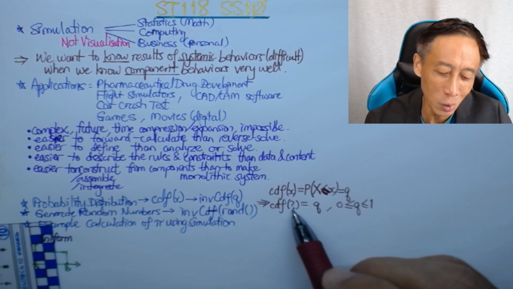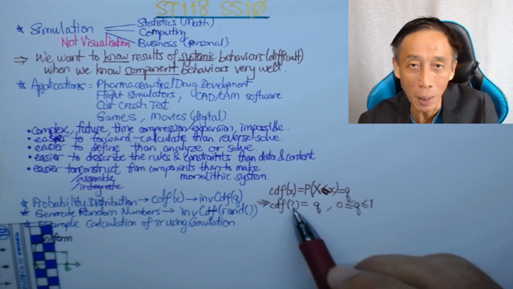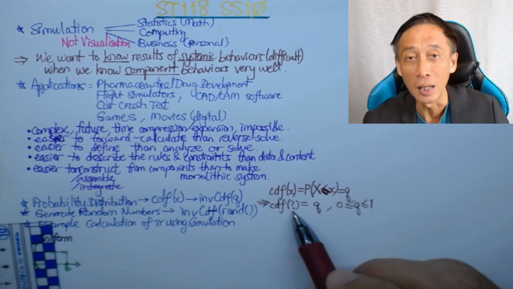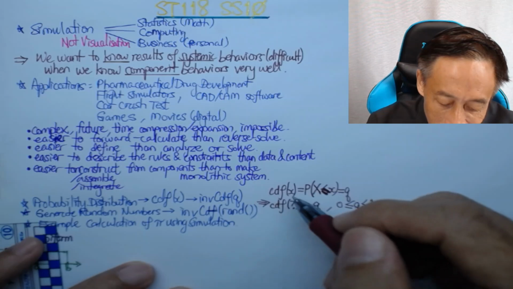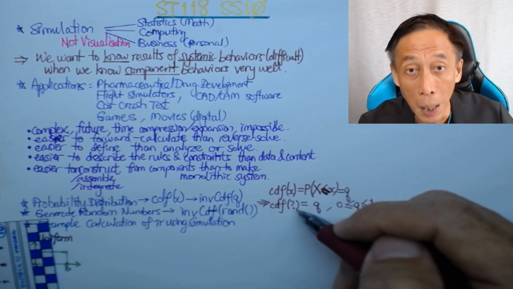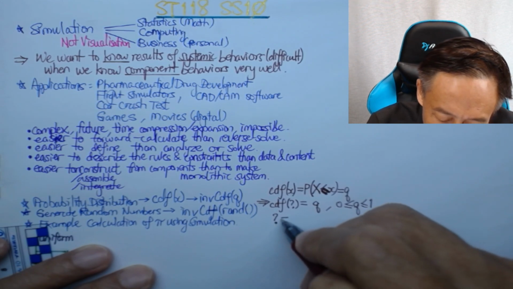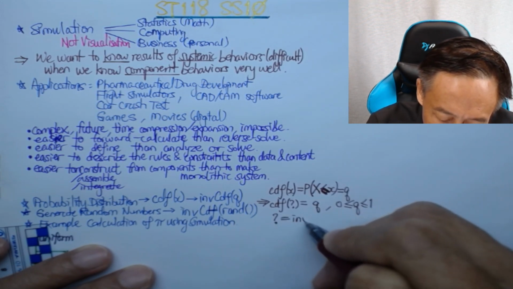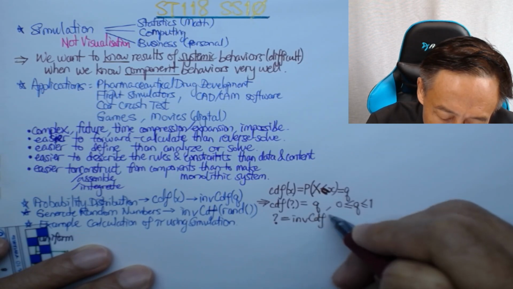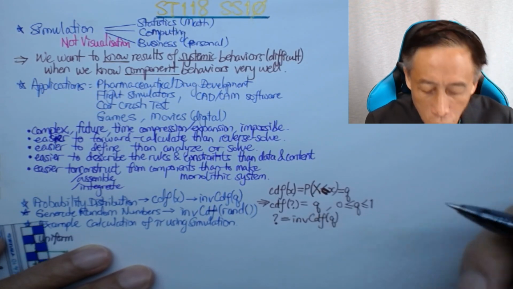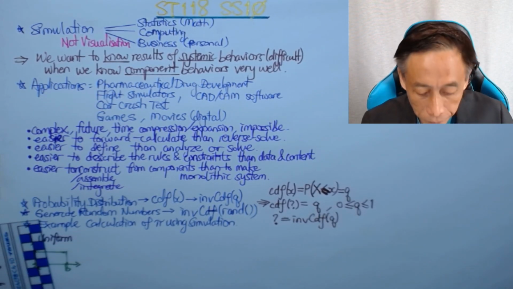I just don't know what is the value, the parameter in the CDF function that gives rise to Q. So this is the purpose and function of inverse CDF. So we can find out this question mark by applying inverse CDF onto the input value Q.